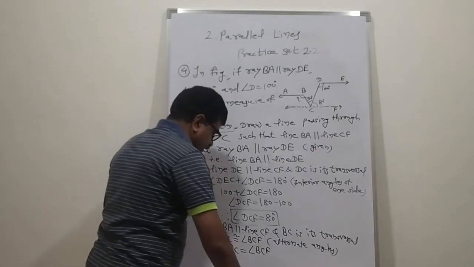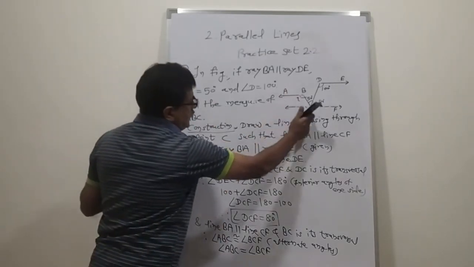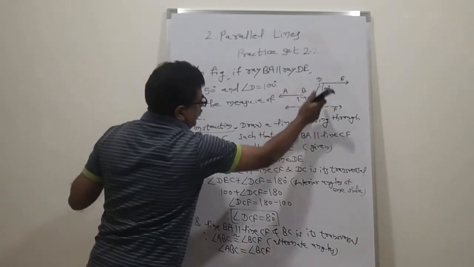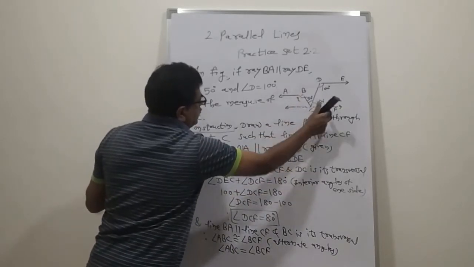Now angle BCF is written as angle BCD plus angle DCF.